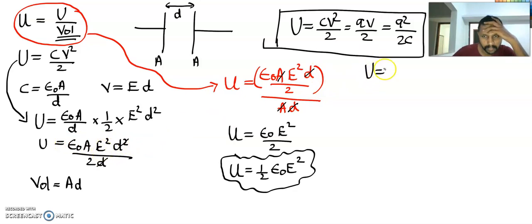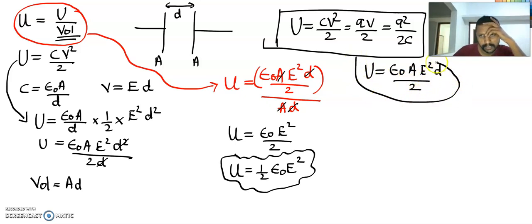That is, you can get one more expression as epsilon 0 A E square D by 2. Therefore these are the expressions for energy stored in the capacitor, and this is the expression for energy density. Energy density is energy stored per unit volume.